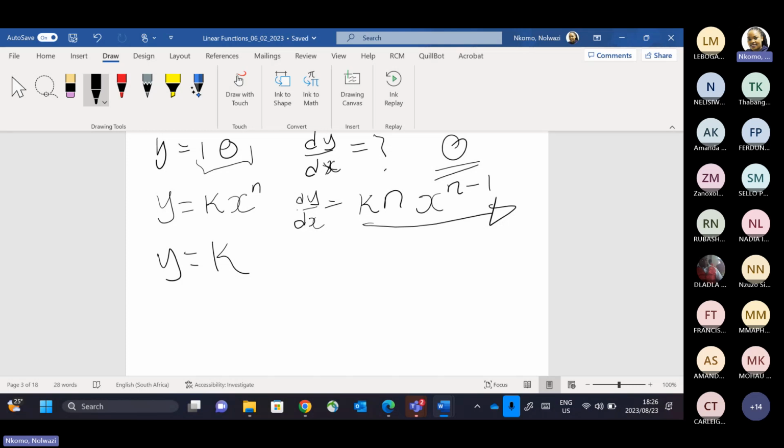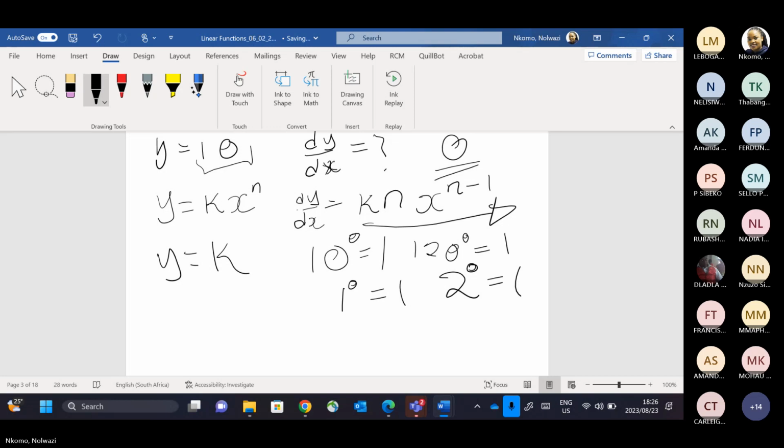Okay, besides 0, because 0 raised to the power 0 is undefined. But besides 0, any number raised to the power 0 is 1. For example, 10 to the power 0 is equal to 1, right? 120 to the power 0 is 1. 1 to the power 0 is 1. 2 to the power 0 is 1, right?